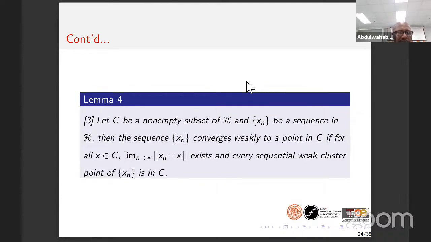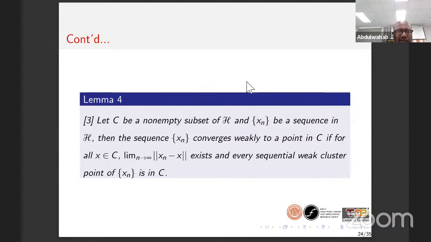The other lemma is given by lemma 4, where we have a non-empty closed convex subset C of H, and xn is a sequence in H. We say the sequence xn converges weakly to a point in C if two conditions are satisfied: the limit of the norm of xn minus x as n goes to infinity exists, and every sequential weak cluster point of xn is in C. Our previous lemmas will be used to prove the first condition, that is, the limit of the norm of xn minus x as n goes to infinity exists.